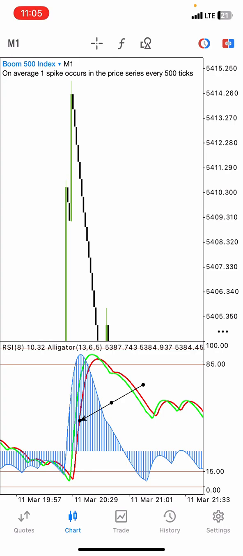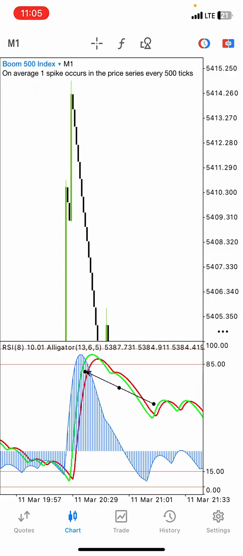So here you can see we have this green and blue indicator going from this downside to this zone. This zone here are the overbought levels. That's our overbought level right there.